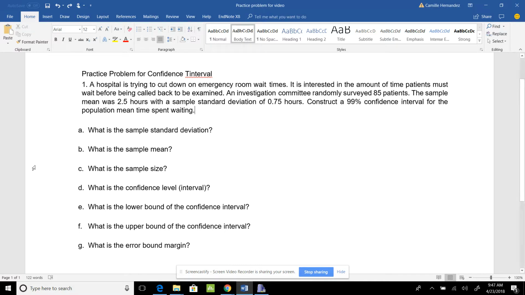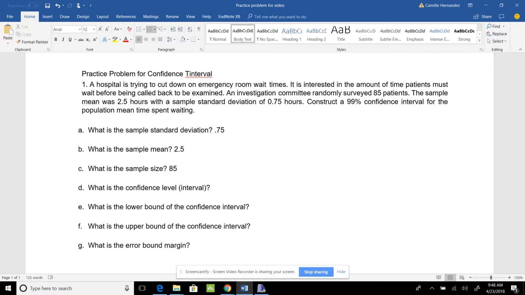So my first question, what is my sample standard deviation? If I look in the problem, it's right here. It's 0.75, and it tells me right here, sample standard deviation. What's my sample mean? For this one, it's 2.5 hours, and my sample size here is 85.